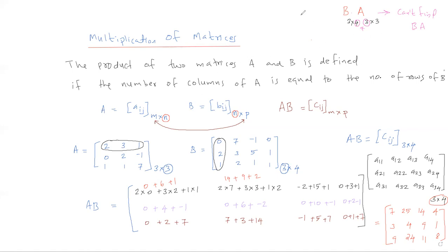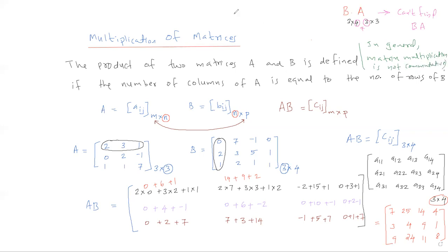So you can say in general, matrix multiplication is not commutative.